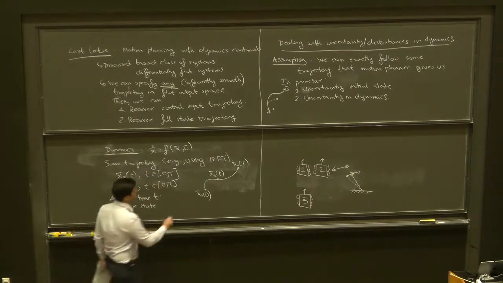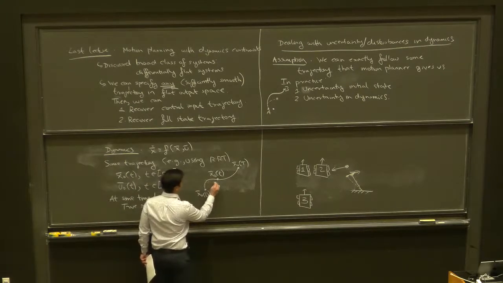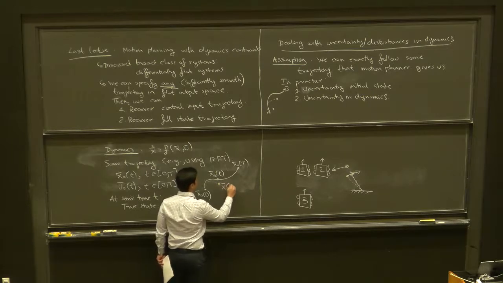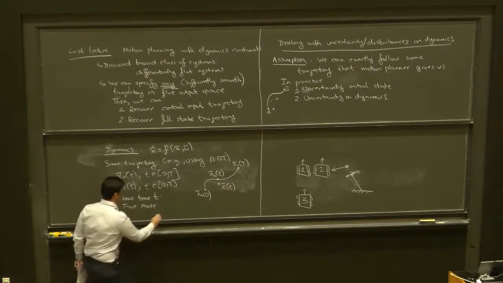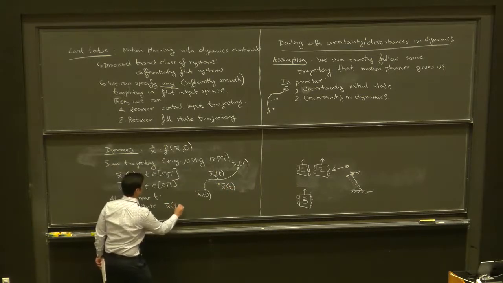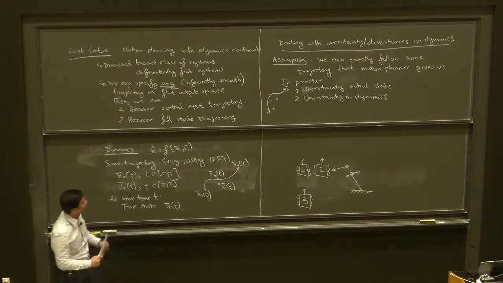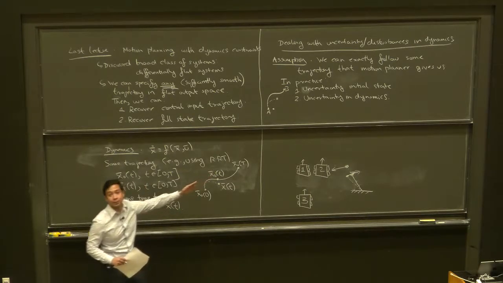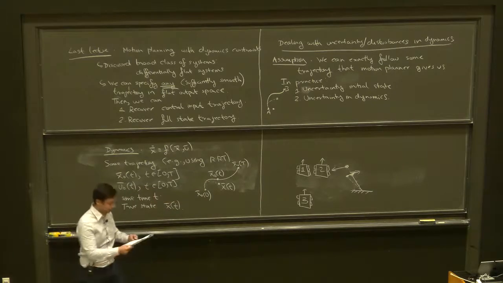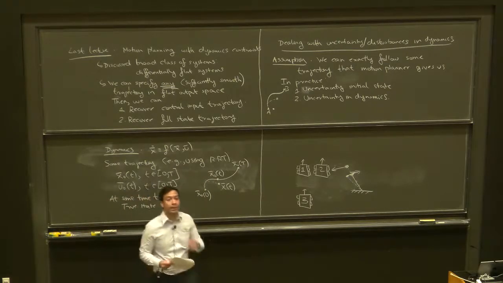But in practice, maybe you deviated a little bit, and you ended up at some other state, which is just x at time t. So the question is, how can we get back to the trajectory that we're trying to track that came from a planning algorithm?